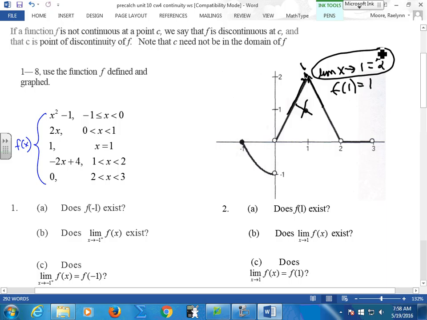Okay? What is my limit as x approaches 2? What value of y could I put in there to make this continuous? 0. Good. What is my limit as x approaches 0?